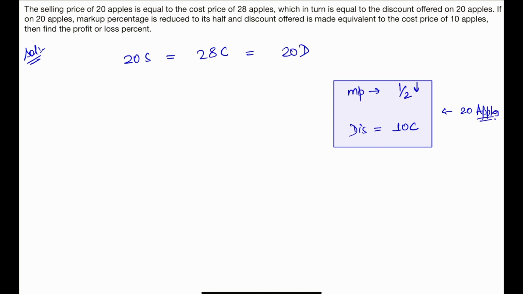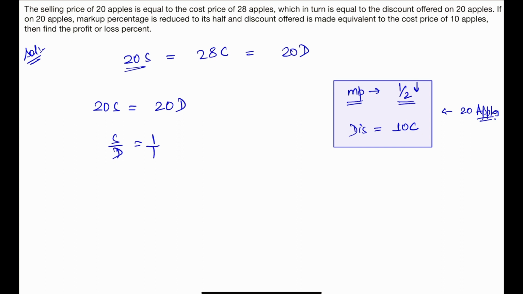okay, so the first thing is marked price is reduced by the half. So if my selling is 20s, if 20s is equal to 20d, so my s upon d value is 1 by 1.